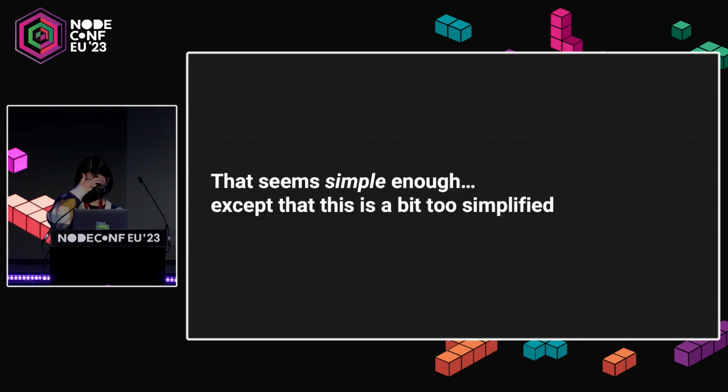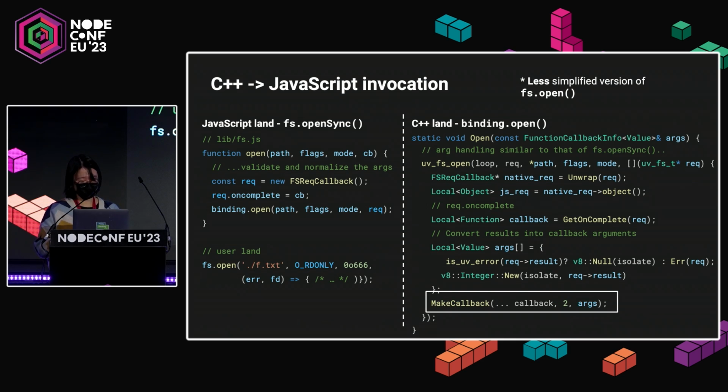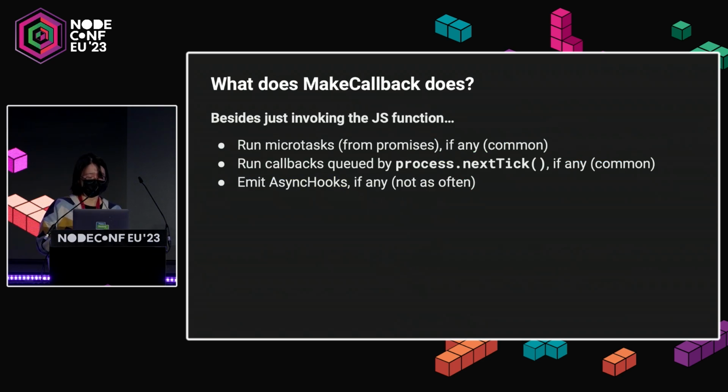Well, that seems simple enough, except that this also, again, skips over an important detail. Actually, instead of calling to JavaScript directly, Node has an internal utility. If you have been building add-ons with asynchronous API before, you might be familiar with this. This is called MakeCallback, and this wraps around a bunch of complexities for the actual routine in Node to call back into JavaScript.